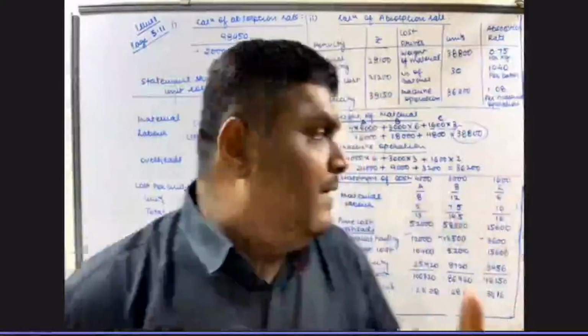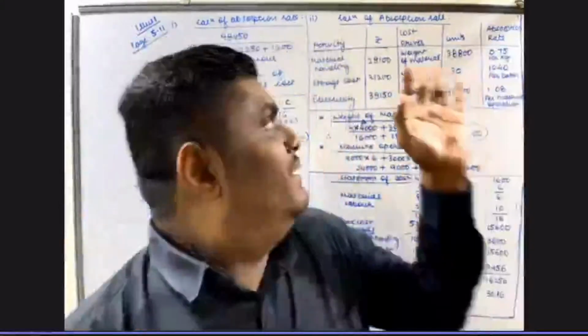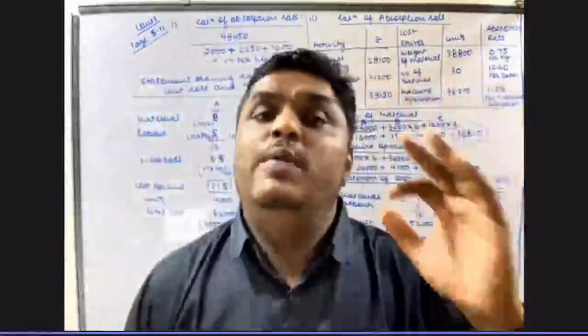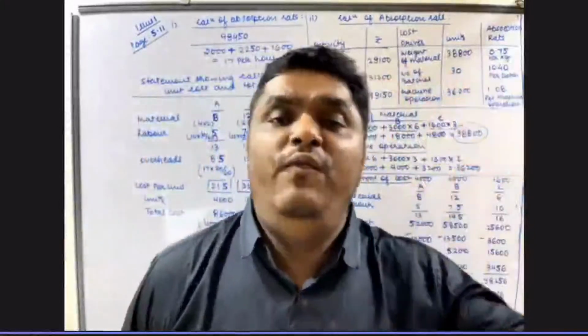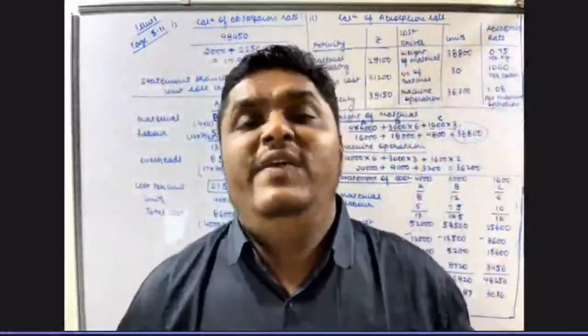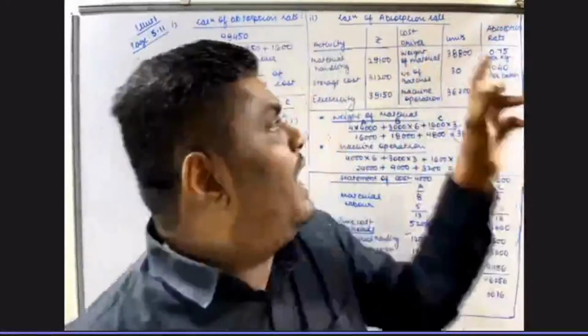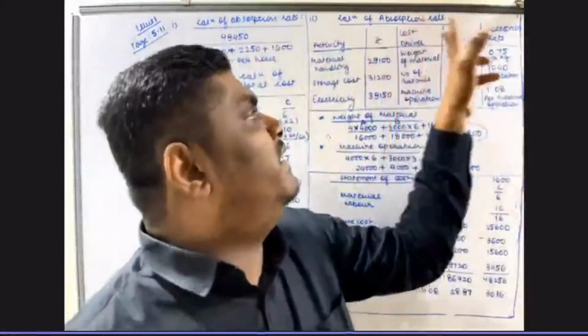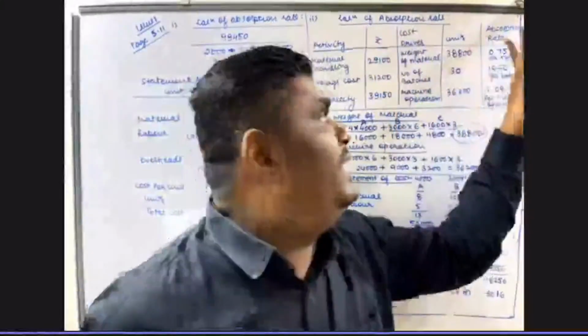It's very easy. Wherein it is given that material handling cost जो है वो absorb किस basis पे होगा? On the basis of weight of material. So हमने absorption rate निकाला, that is 75 पैसा per kg. How come 75 पैसा? 29,100 divided by 38,800.